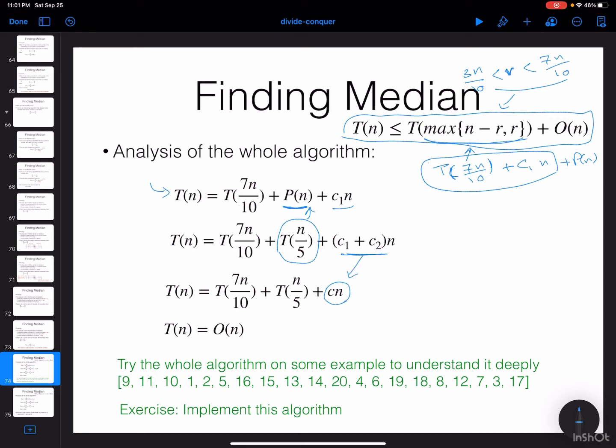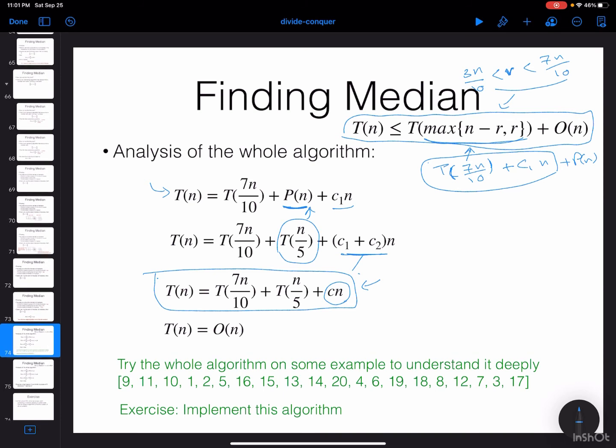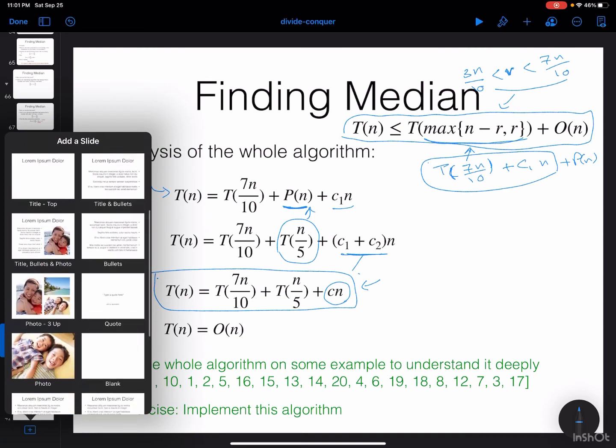This is going to be some linear cost. So now our problem is to solve this full relation. I can tell you that this is going to be linear, but if you really need me to show it to you, it goes like this.